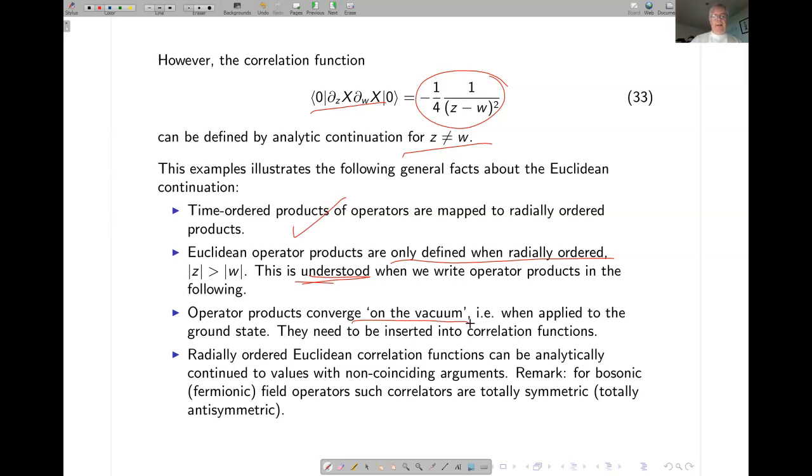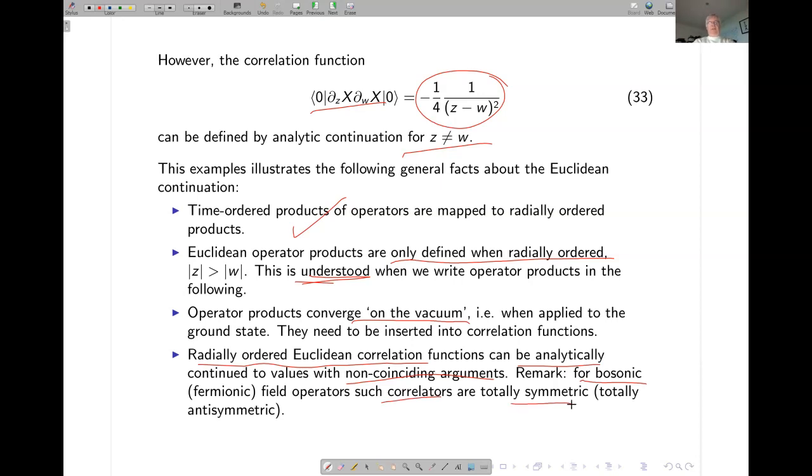And finally, out of our radially ordered product, we get correlation functions, which we can continue analytically. And we see here (z minus w) squared is symmetric under exchange of z and w, and this is generic for correlation functions of bosonic operators in the Euclidean.